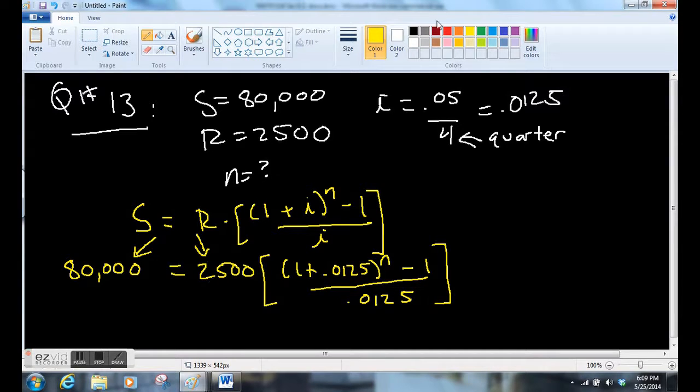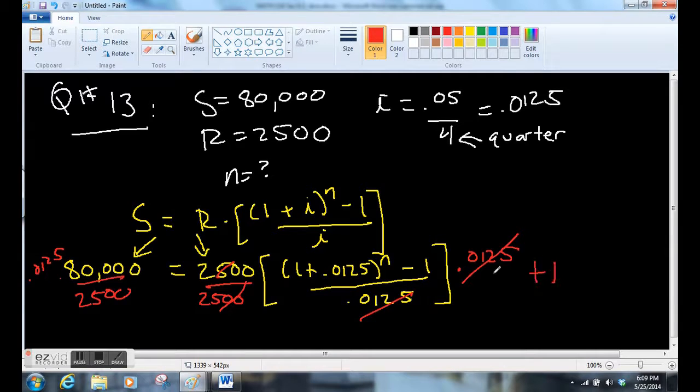So the first thing we're going to want to do, now we're doing essentially just an algebra problem. We're going to divide both sides by 2,500. That goes away. Multiply both sides by 0.0125. So those go away. We'll add 1. Add 1 there. So that goes away.